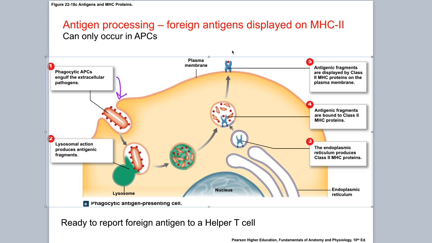So that's our antigen processing, and it can only occur in APCs, because antigen presenting cells are phagocytic. They're the only cells in our body that can take in foreign antigens like this, process them, and then display them for inspection. So this cell is now ready to report this foreign antigen to the helper T cell.